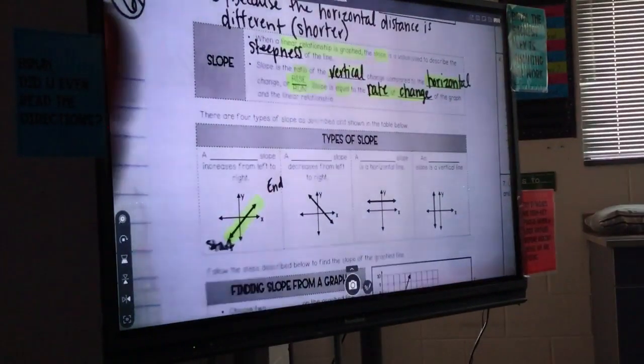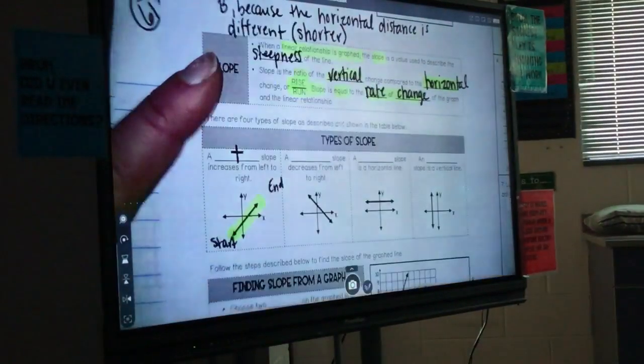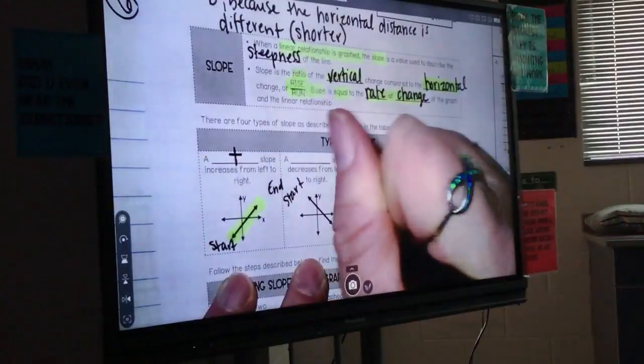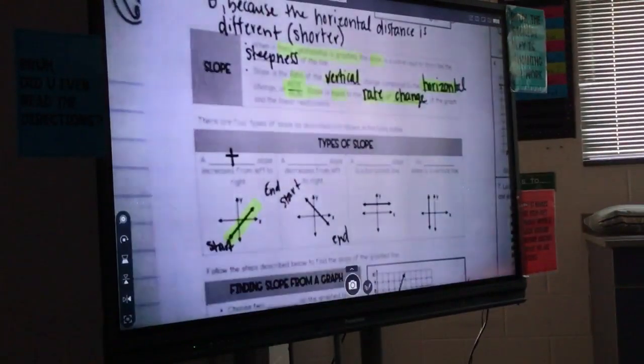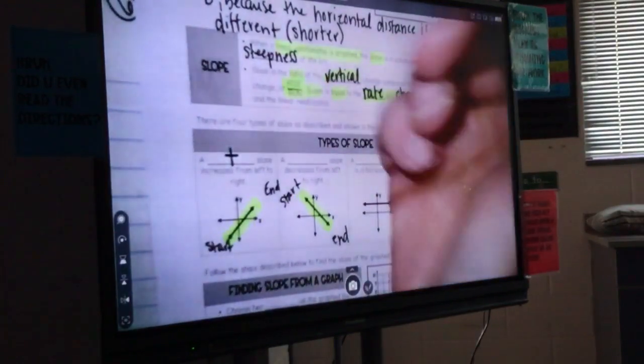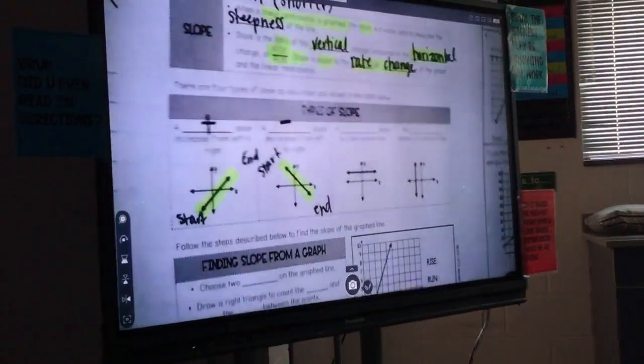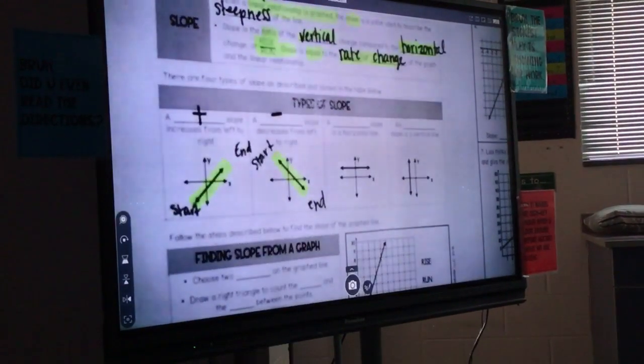Ellie, it is a positive slope. All right, what about when it starts in the upper left and ends in the bottom right? Richard? Negative.